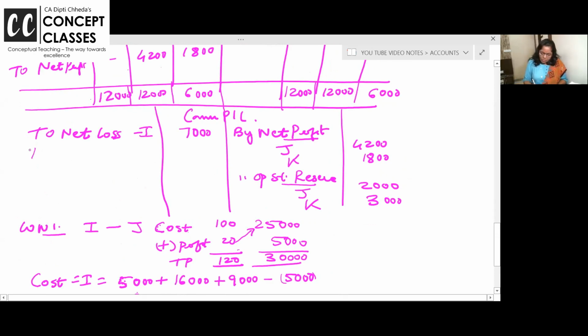And now, closing stock reserve. Will it come? Yes. I say to J, listen, J. My stock which I have sent you with profit, you have used, sold, okay. But if my stock is lying with you, I have sent you 100 stock with 20 loading, 120.